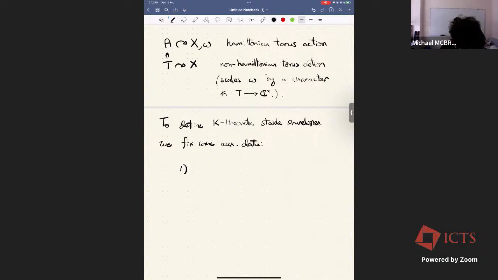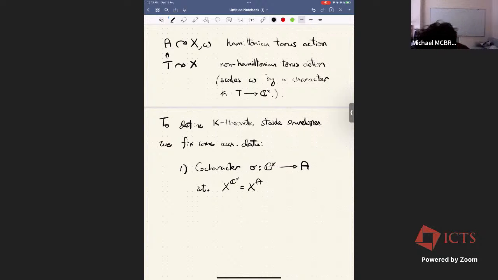The first most important piece of data is a cocharacter sigma, a map from C star into our Hamiltonian torus, which is generic in the sense that if you look at the subgroup of A generated by sigma, and you look at the fixed point set for the subgroup, it's equal to the fixed point set for the whole torus A, which is a priori much bigger. Sorry, much smaller.